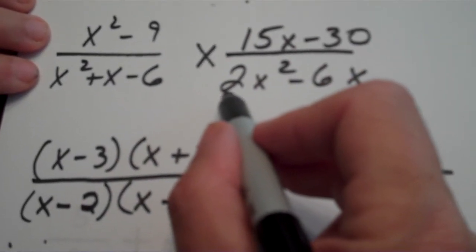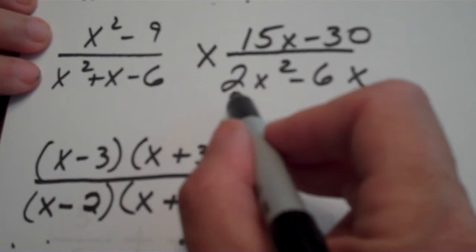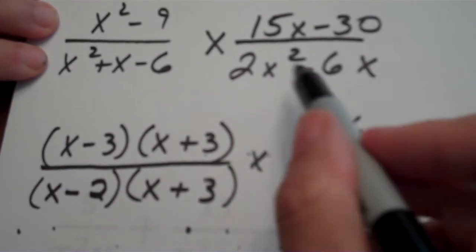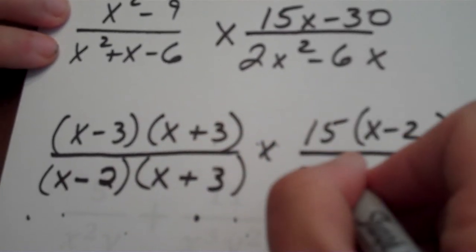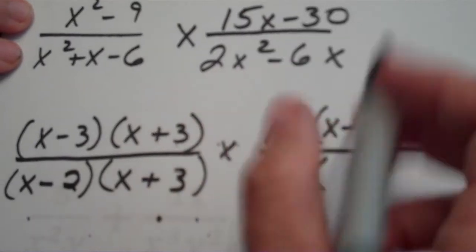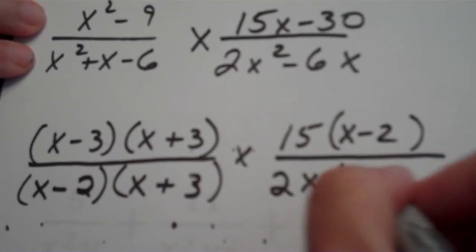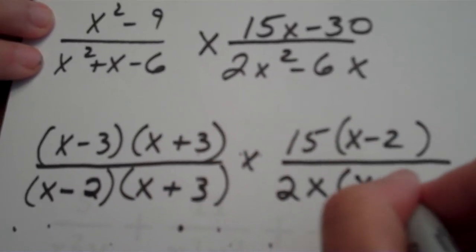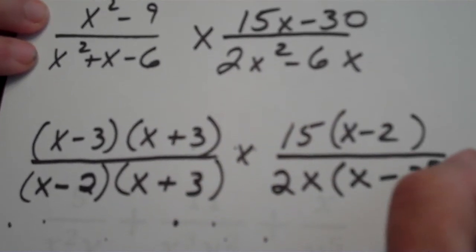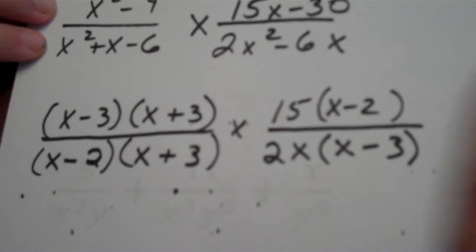I've only got 2 terms. Once again, there's a common factor here. The 2 goes into both of those numbers. But more than that, do you see that they both have an x? So I've got to take that x out also. When I take a 2 and an x out, I'm only left with an x in the first term, and 2 times negative 3 would be 6. And of course, I've already taken the x out, so I'm good to go.